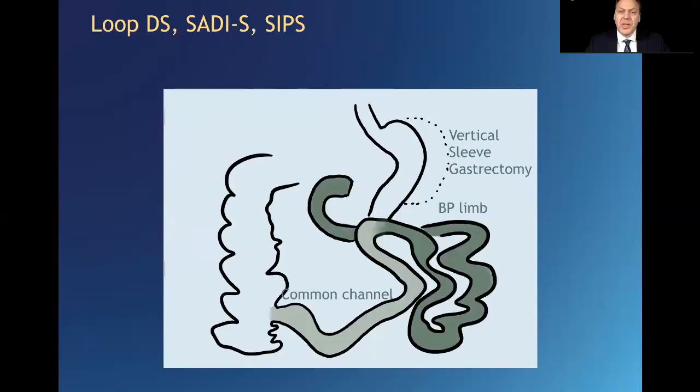In this operation, we still have the pylorus, which is good for any operation, but the biliary pancreatic limb, shown here in heavy green, is not constructed as a Roux-en-Y anastomosis, but rather is left as a loop, in such a way that it creates a long common channel. This is the newest member of the family, so the data is not really very conclusive as of yet.